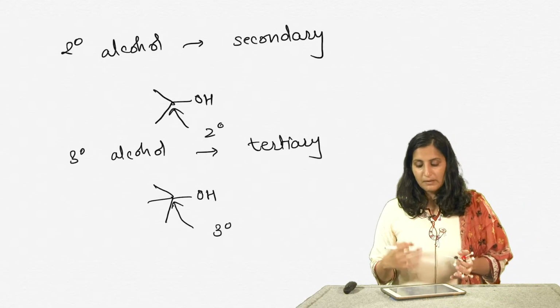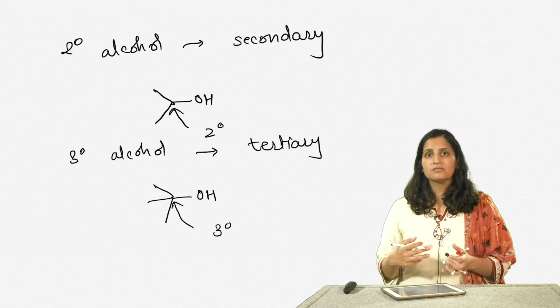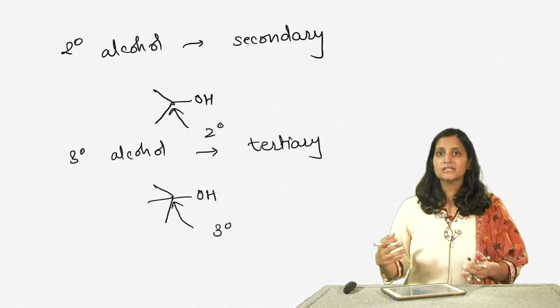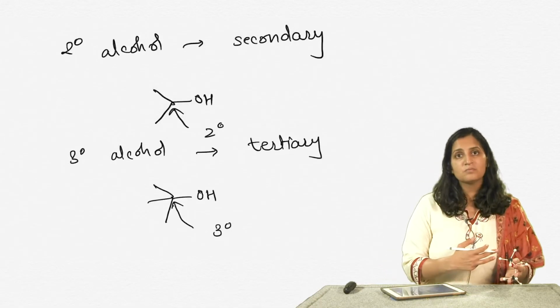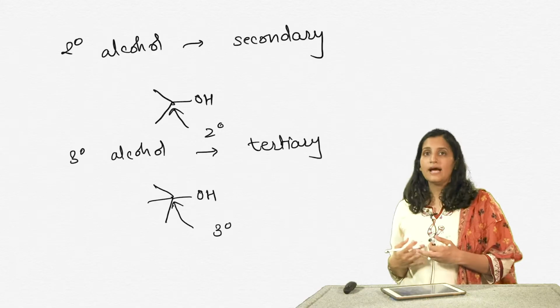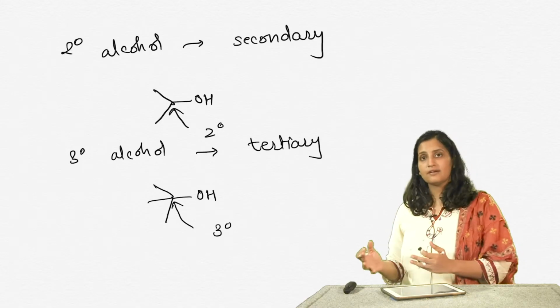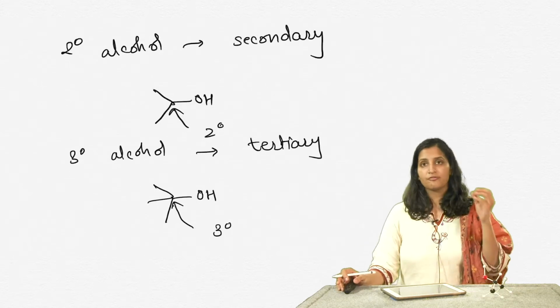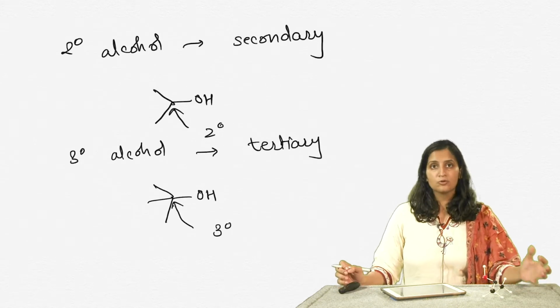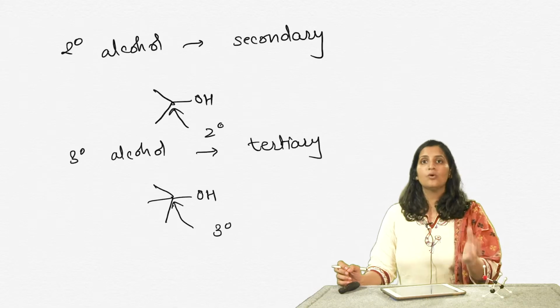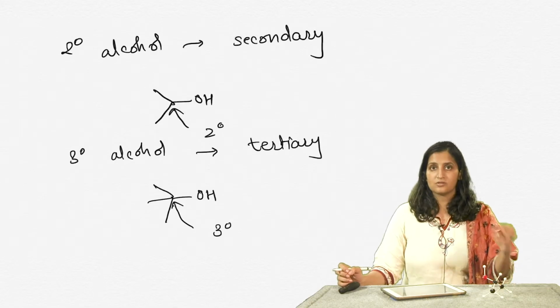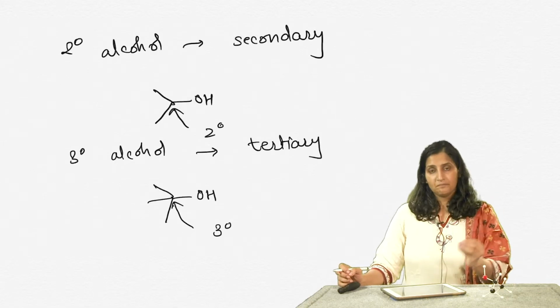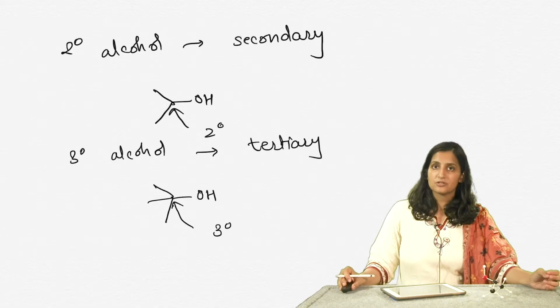It is good to remember this nomenclature because we are going to look at reactions and you will see that primary alcohols behave a little differently than secondary and secondary behave a little differently than tertiary, and the nature of this substitution of alkyl groups on that carbon plays a role in the whole reactivity of alcohols. So, that is why it is good to know this nomenclature to begin with.